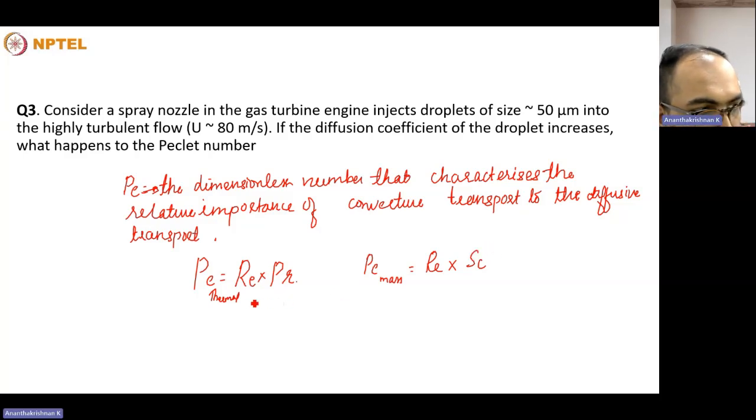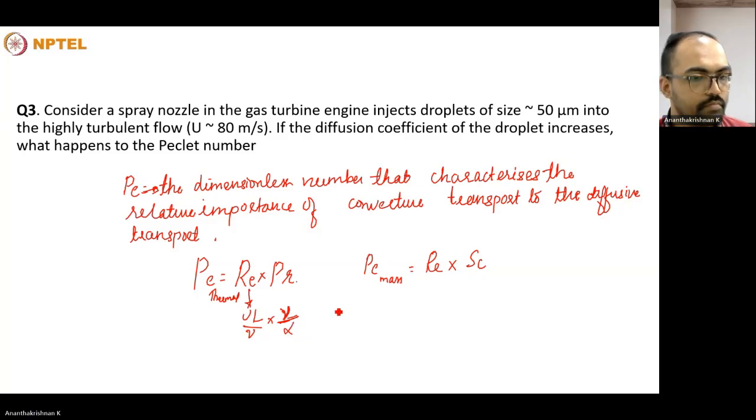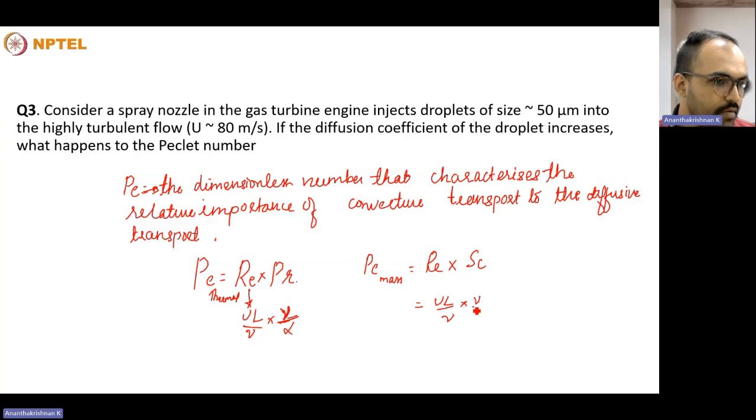The Reynolds number is defined as U into characteristic length divided by kinematic viscosity. The Prandtl number is the ratio of the momentum diffusivity to the thermal diffusivity. Similarly, the mass Peclet number can be defined as UL divided by nu multiplied by the Schmidt number, which is the ratio of momentum diffusivity to mass diffusivity.